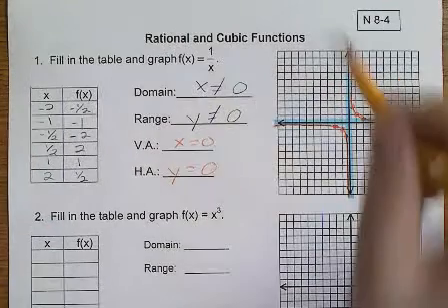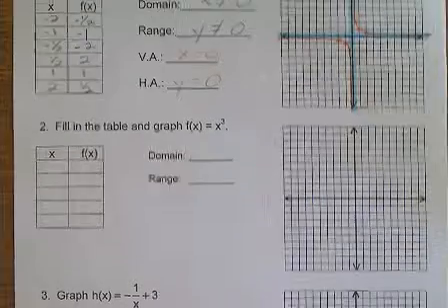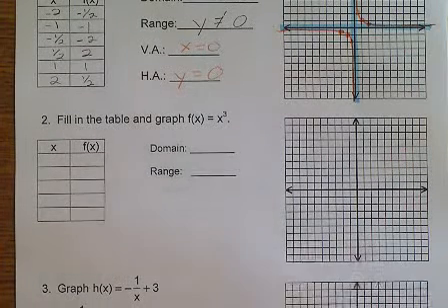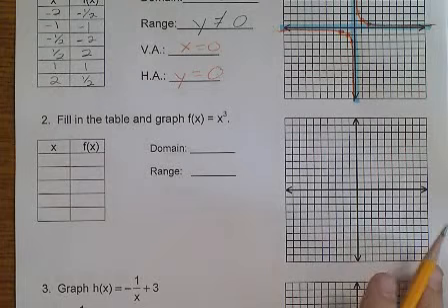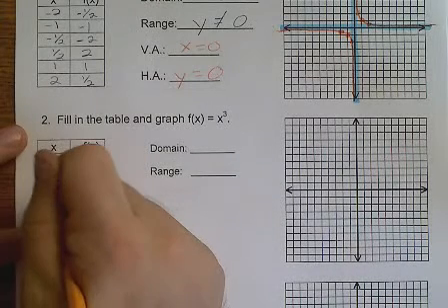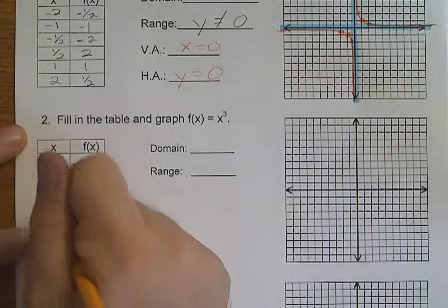Let's go ahead and move on to our cubic. Now, this is cubic function extremely simplified. They can get a lot more complicated than this, but just going off of the parent function, here's some things that we can do. I'm going to use x values of -2, -1, 0, 1, and 2.